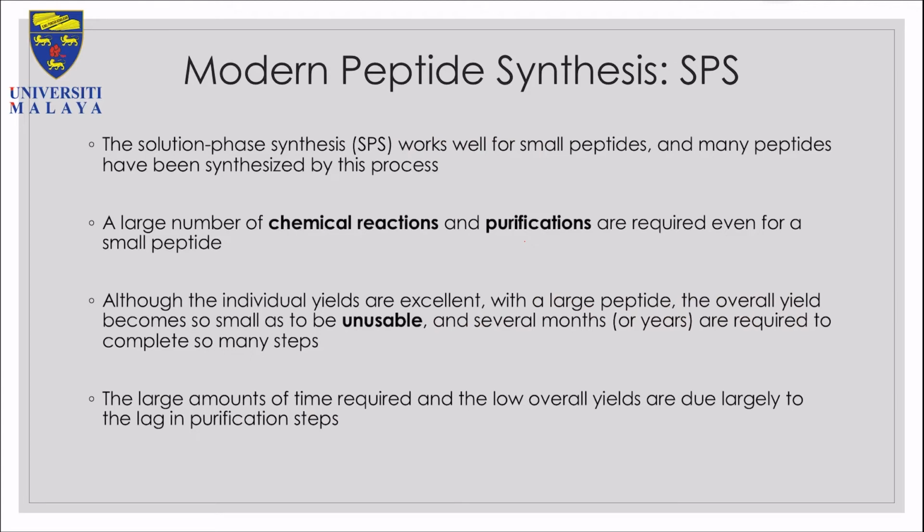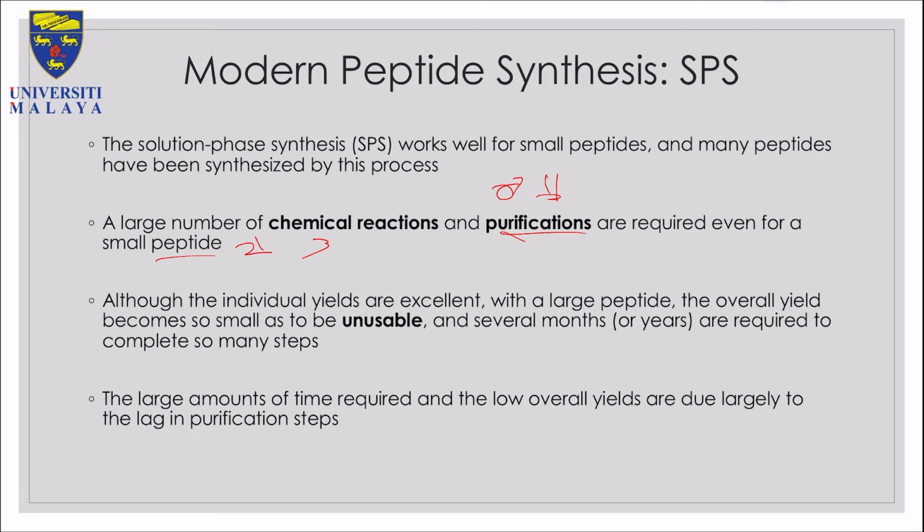A large number of chemical reactions and purifications are required, even for a small peptide. As I mentioned, purifications here mean a rotary evaporator or column. If you have only 2 amino acids, you need 1 purification. If you have 3 amino acids, then you need 2. The longer the peptide, the more purifications you need for solution phase.